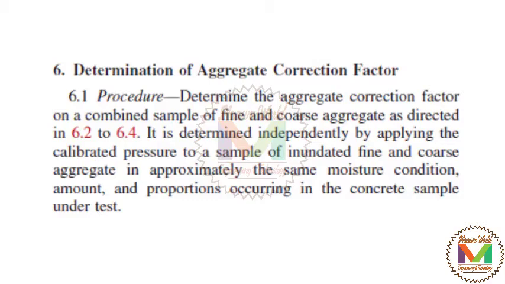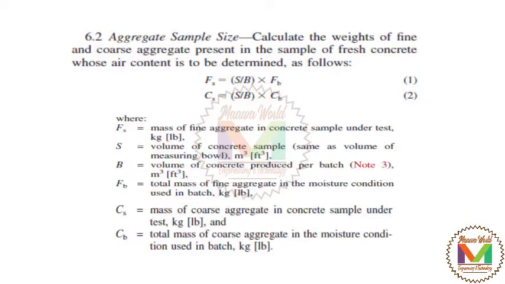So that's what's happening. According to section 6.2, aggregate sample size, we need to calculate the weights of fine and coarse aggregate present in the sample of fresh concrete whose air content is to be determined as follows.